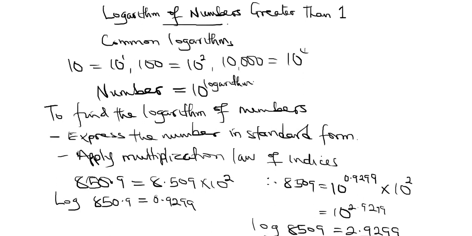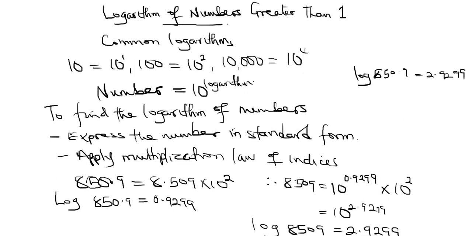That means I can rewrite what we have explained quickly here: log 850.9 is equal to 2.9299.